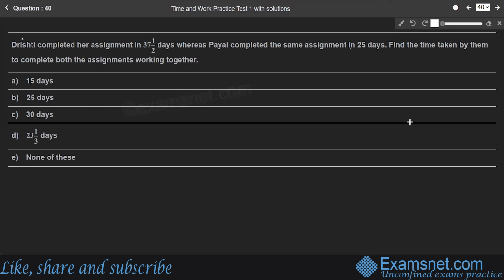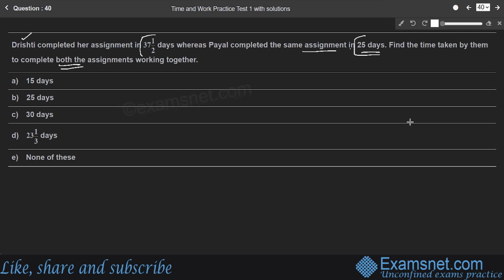Question number 40. Drishti completed her assignment in 37.5 days, whereas Payal completed the same assignment in 25 days. Find the time taken by them to complete both the assignments working together. So here, students, individually, they take 37.5 days and 25 days to complete their assignment, right?